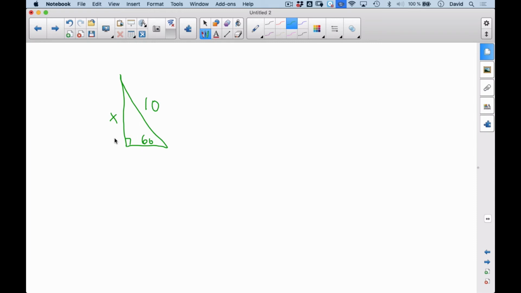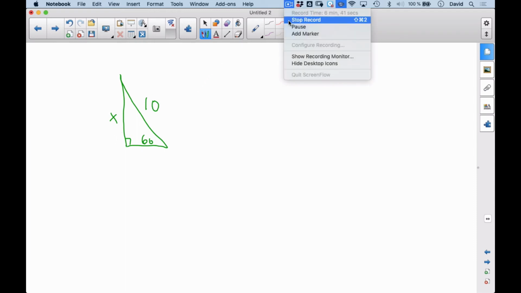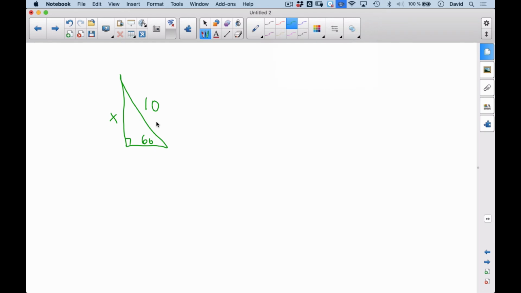I would like you to make me an equation that will solve for x. So make a trig equation that deals with these scenarios here.